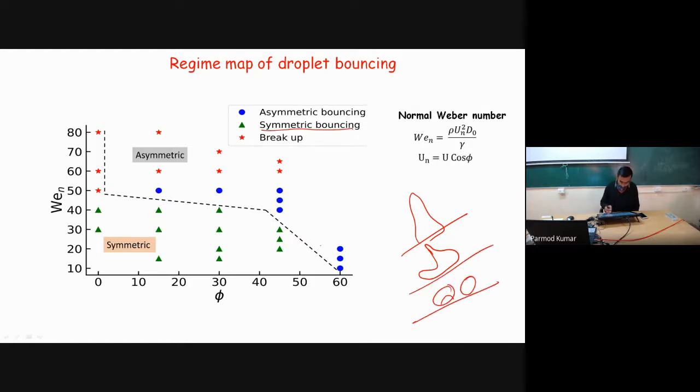So depending upon its impact velocity and the angle of inclination, we have divided this based on the simulations. We have found some design map. So in this region we have symmetric bouncing, then when we have high inclinations, bouncing is asymmetric, and even breakup is taking place when impact velocity is very, very high at almost all the angles of inclination.